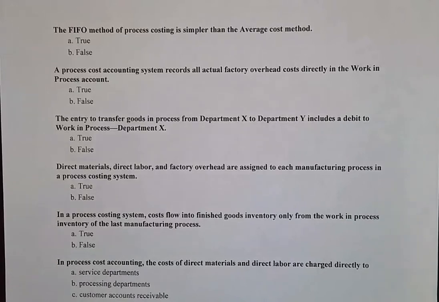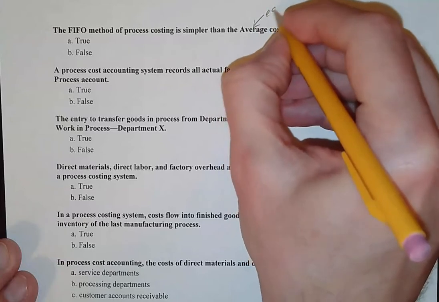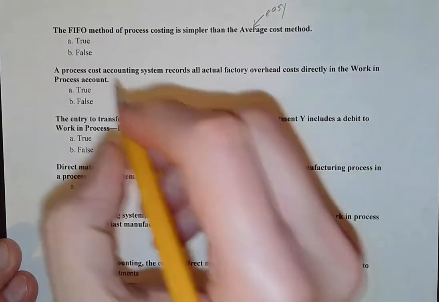It says, true or false, the FIFO method of process costing is simpler than the average cost method. Well, we talked about this briefly in the PowerPoint video, and what we said was actually that average cost was easy.